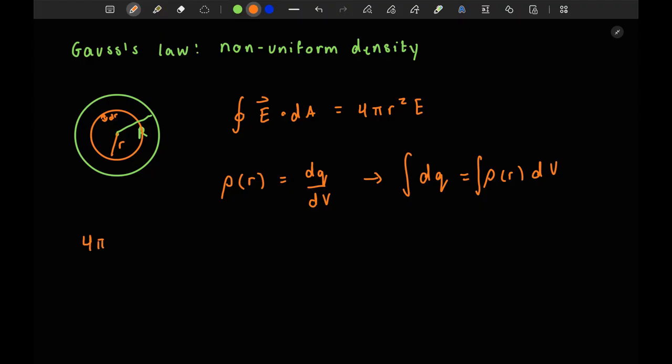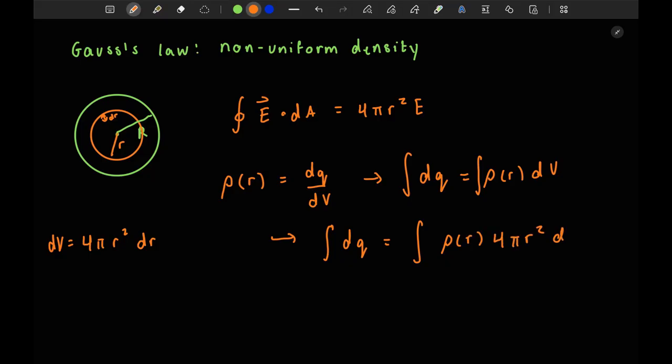And since its thickness is dr and is infinitesimally thick, we can approximate that dV, our infinitesimal volume, is 4 pi r squared dr. And so I can now rewrite that integral of dq as the integral of rho of r times 4 pi r squared dr.